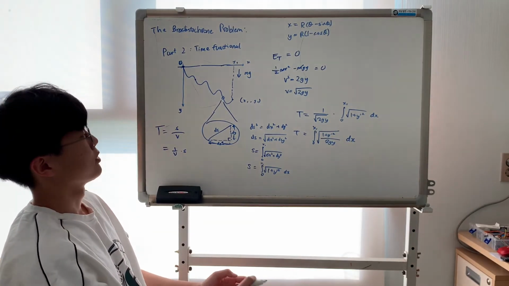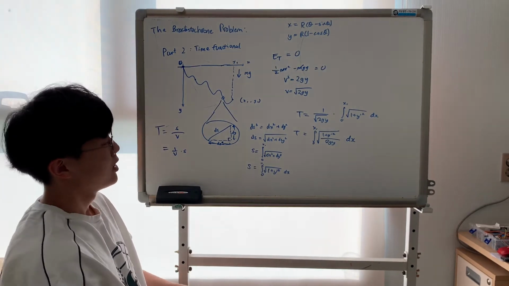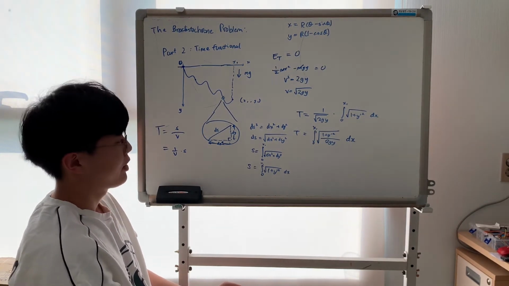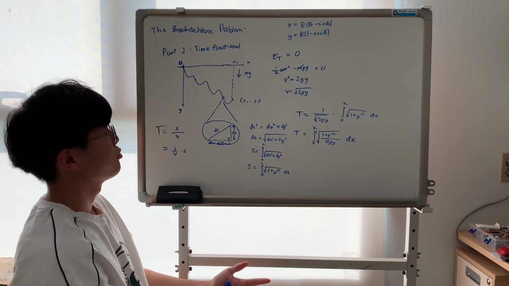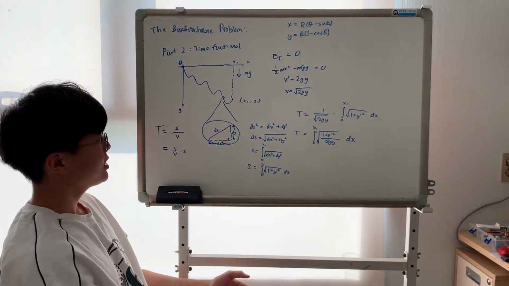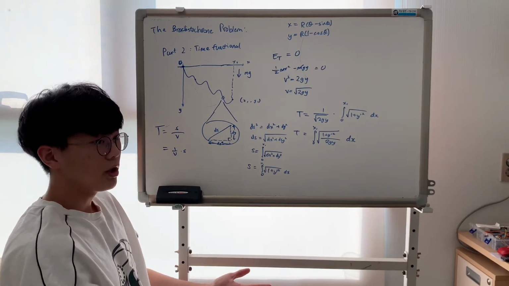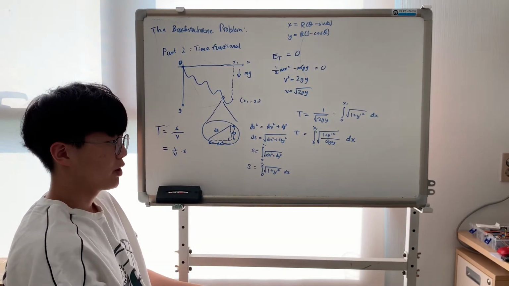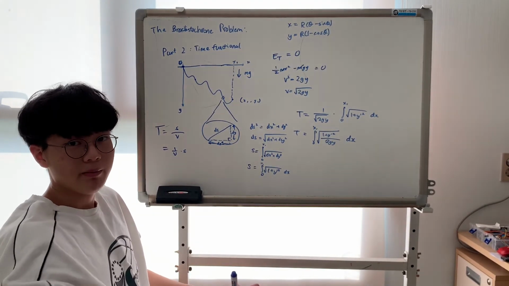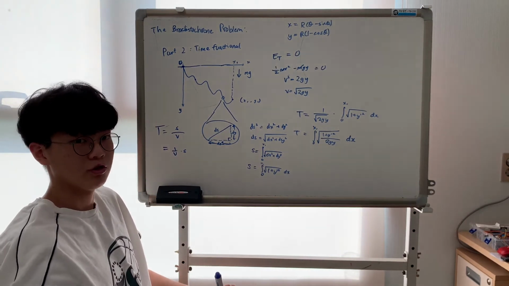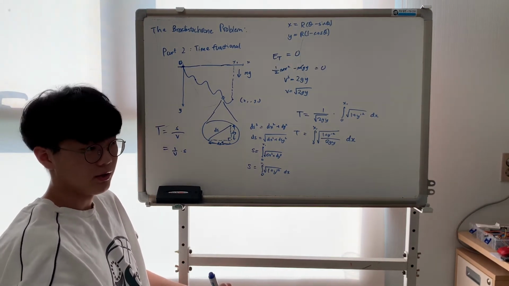And the point of the Brachistochrone problem and the parameters given in it is basically minimizing time. And we're going to apply this concept of minimizing time to the Euler-Lagrange equation that you could see in the previous video.